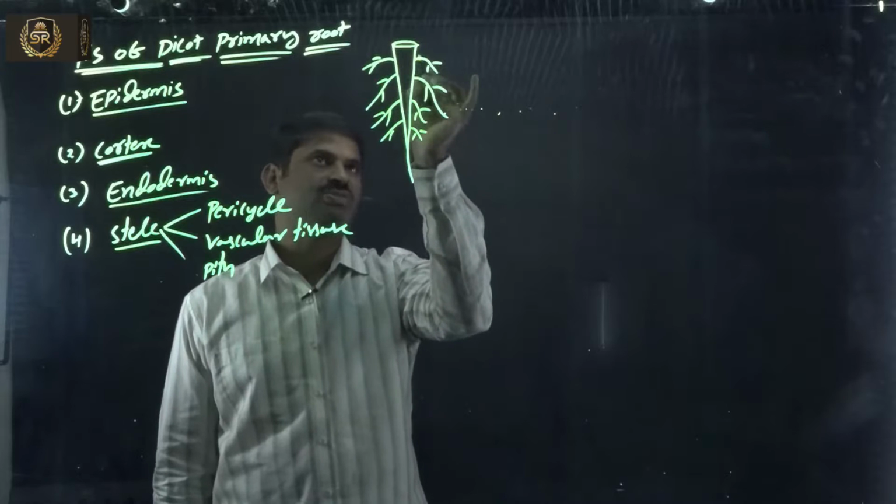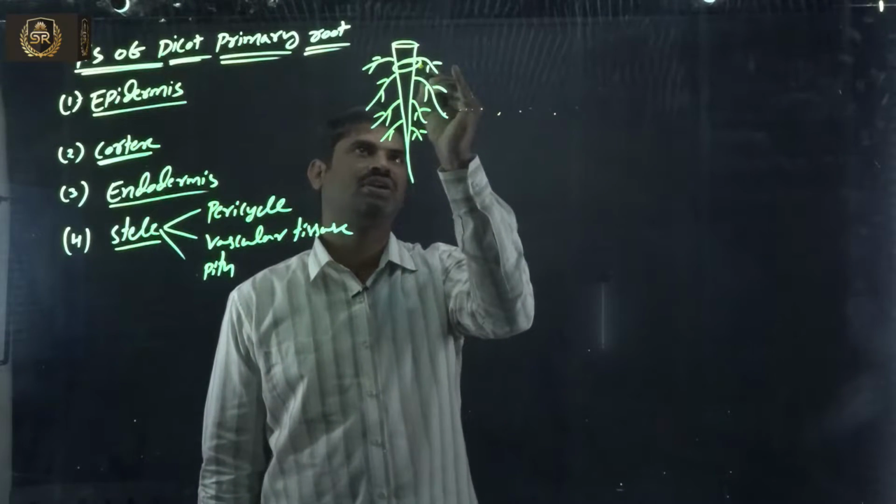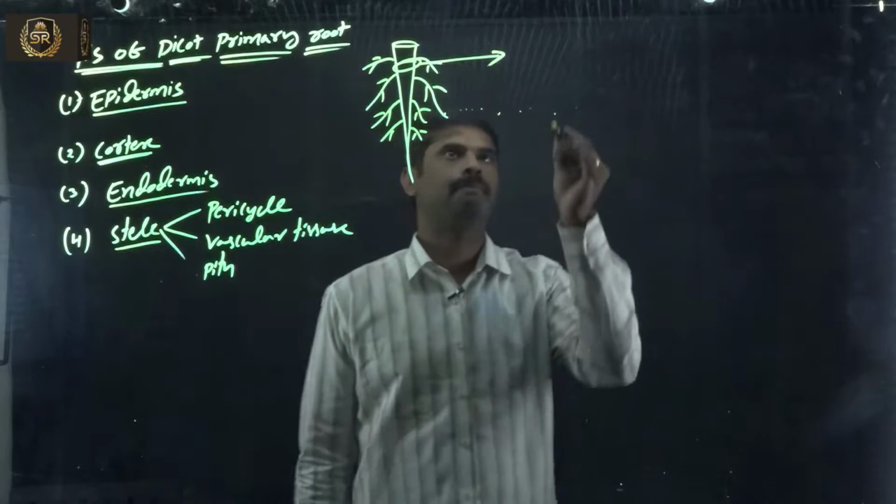Transverse section means cutting horizontally with the help of a sharp blade. This is the ground plan diagram.